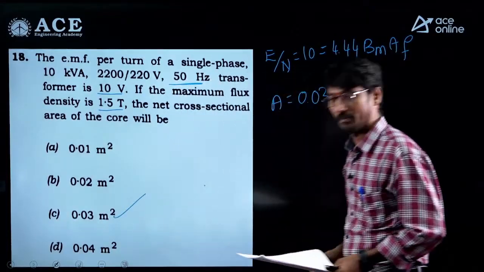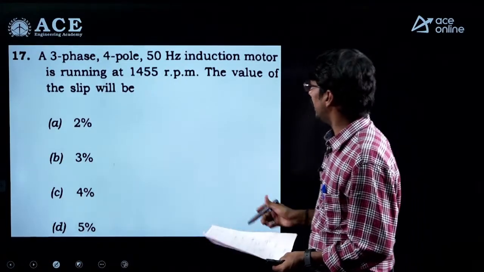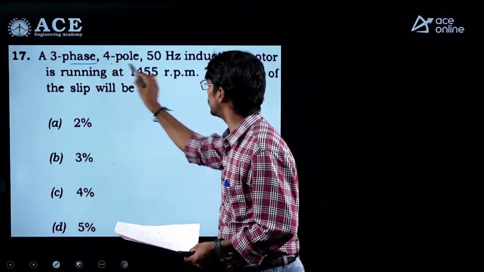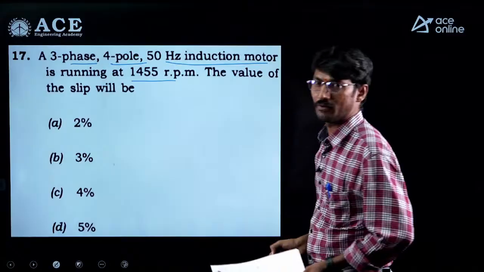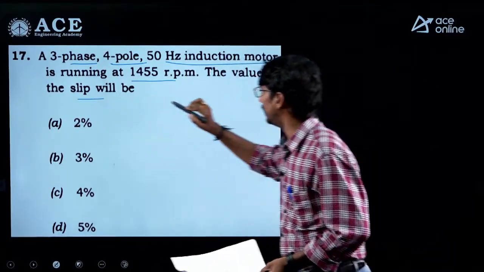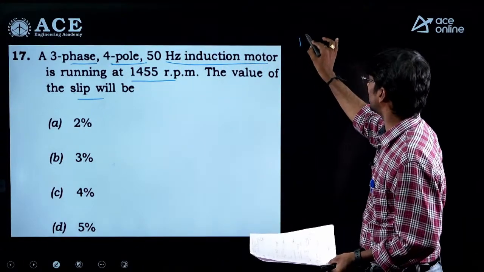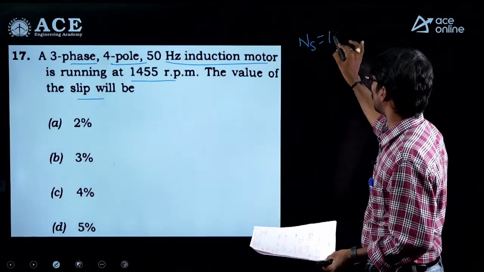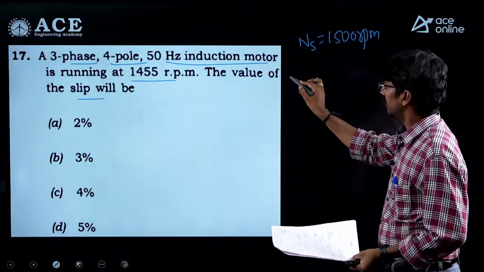Yes, 0.03 meter square. Next question is a three-phase four-pole 50 Hz induction motor runs at 1455. Very simple question. What is that? The value of slip will be, sir, 4 poles are there, 50 Hz. What is the synchronous speed? Ns is equal to 1500 RPM. And then what is that?